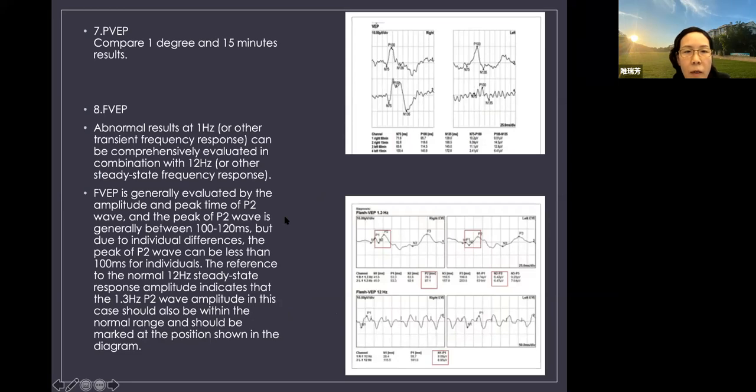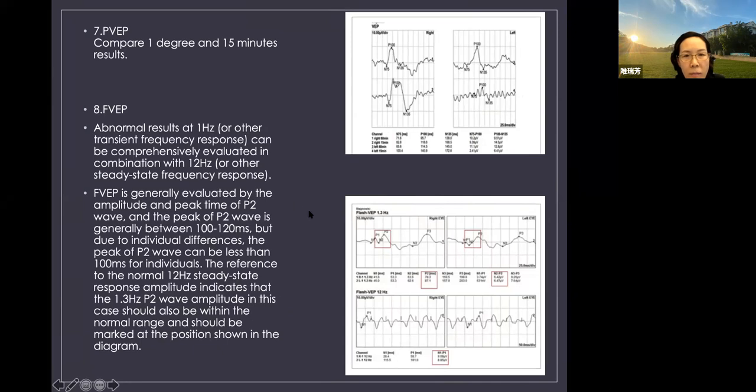For VEP, we do not record only one check size; we always record at least two. In our lab, we always record 1 degree and 15 minutes, to see if the visual acuity and their responses are explainable.